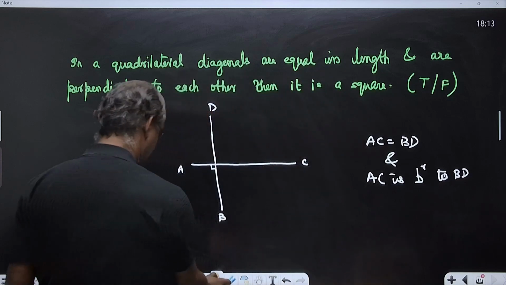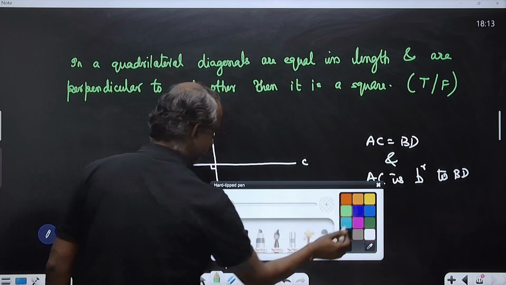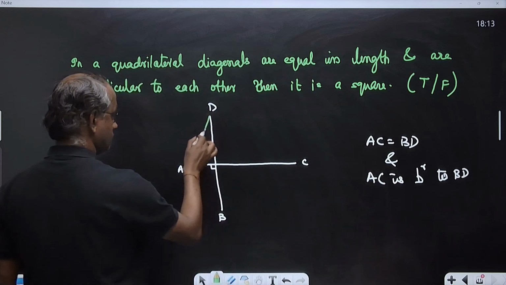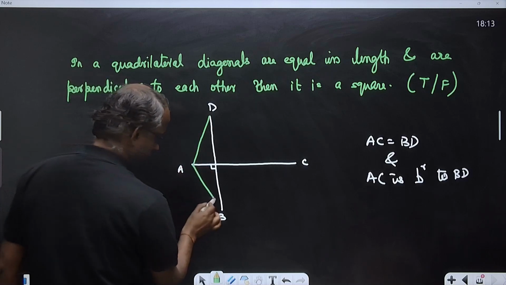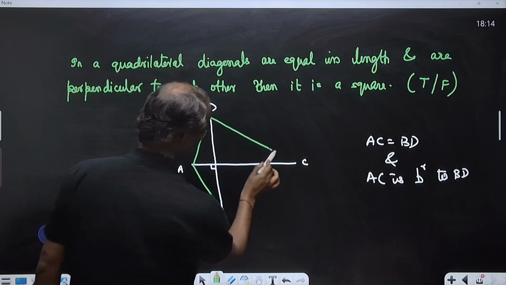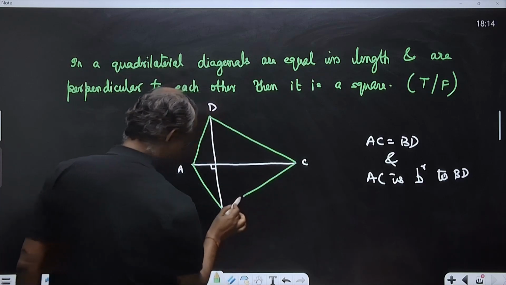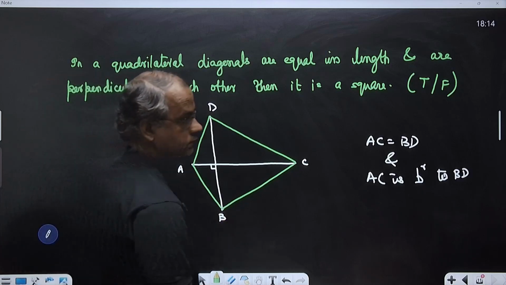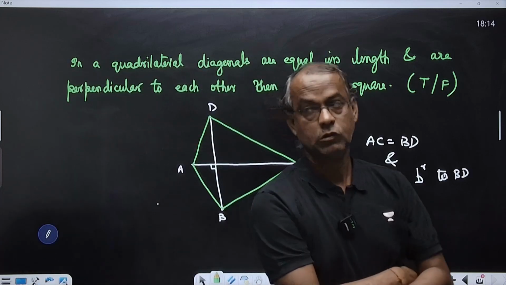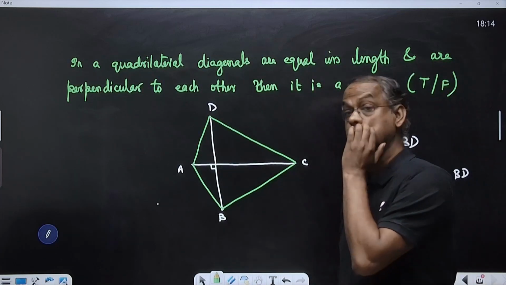Now you can very easily see that it is not a square.